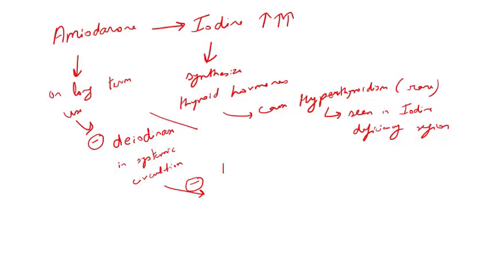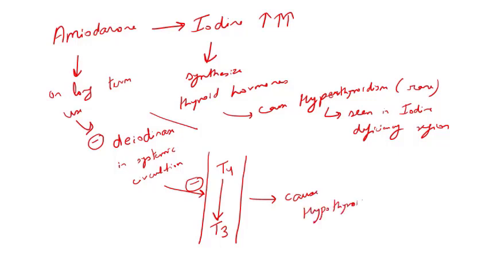Conversion of T4 to T3 in systemic circulation will get inhibited, and that will cause hypothyroidism. And this hypothyroidism is seen in euthyroid region, which is most common.